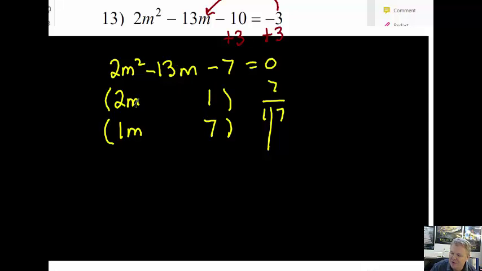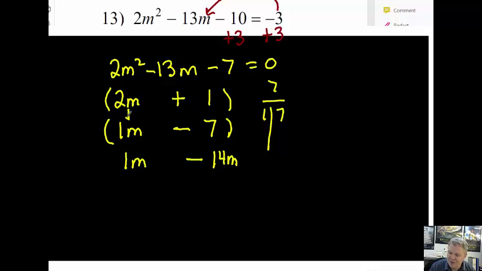So let's see, 7 and 1. If I cross multiply 2 times 7, that gives me 14m, and 1 makes 1. So out of a 1 and a 14, we can make a -13, right? So 1 minus 14. That means 2 times 7 has got to be -14. So this has got to be a -7, and that's got to be a +1.